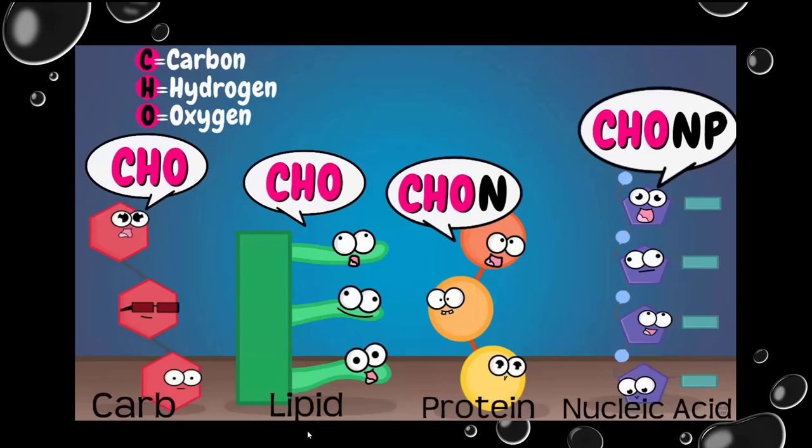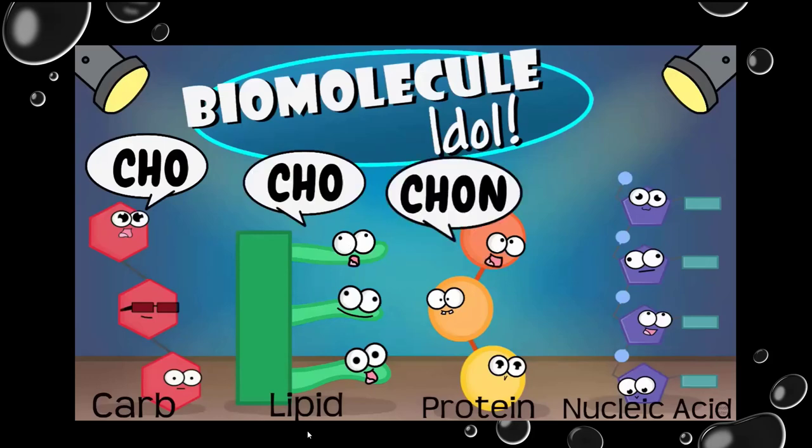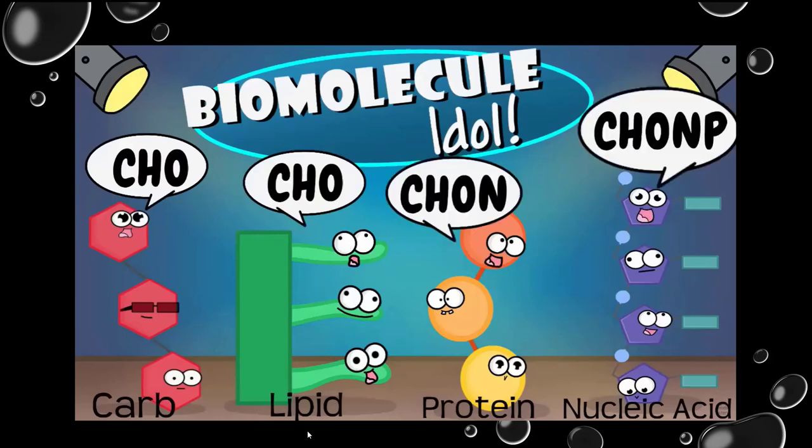So carbs, lipids, proteins, and nucleic acids all have that CHO in there. It's just that proteins and nucleic acids also have an N, which is nitrogen. And nucleic acids additionally have a P, which is for phosphorus. So again, CHO, CHO, CHOM, CHOMP, the major elements in the 4 biomolecules.